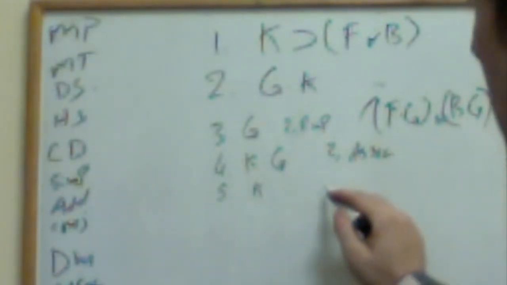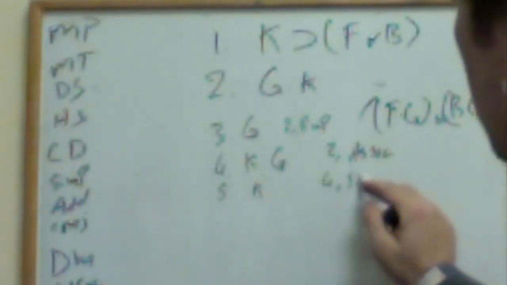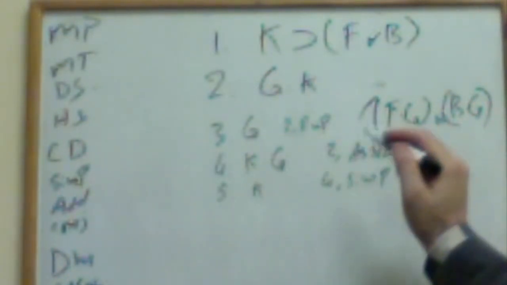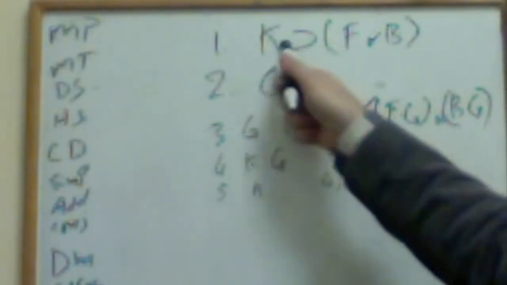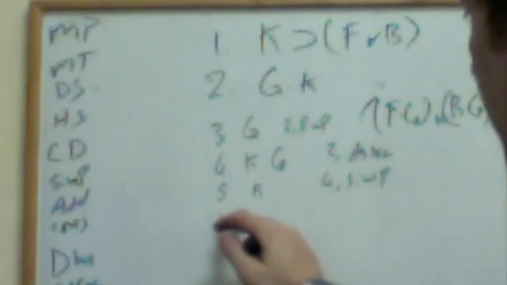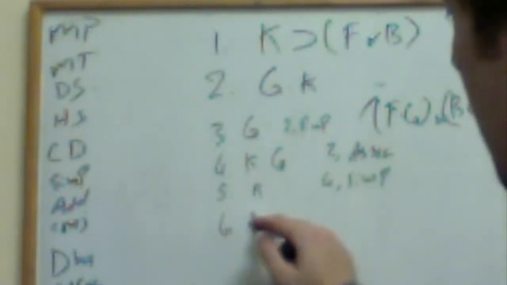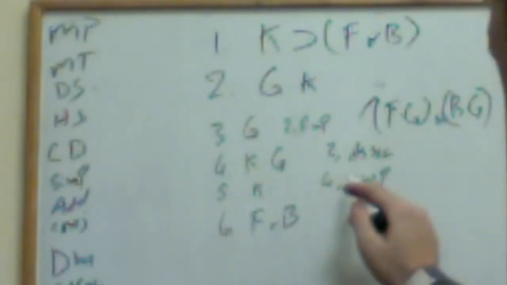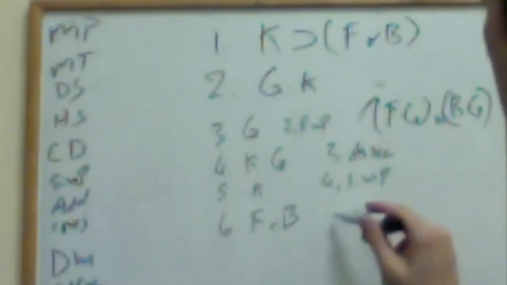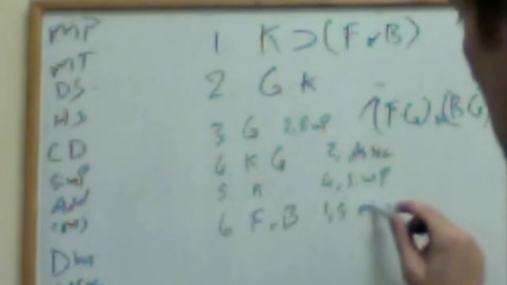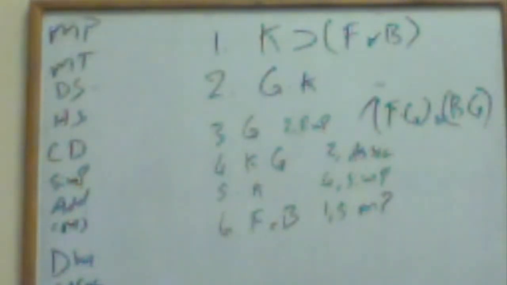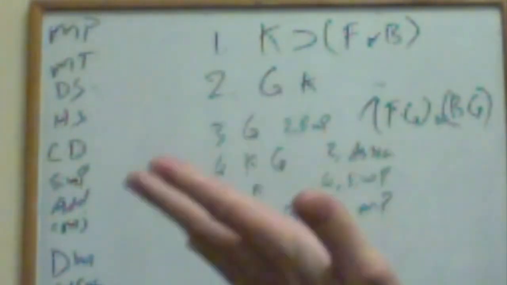Now we use simplification on line 4 to get K. And that's good because now we can get F wedge B. So now we write 6, we use K in line 1, and we get F wedge B. We got that because lines 1 and 5 are modus ponens.